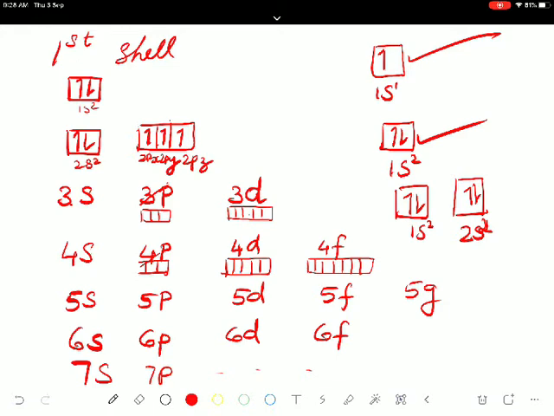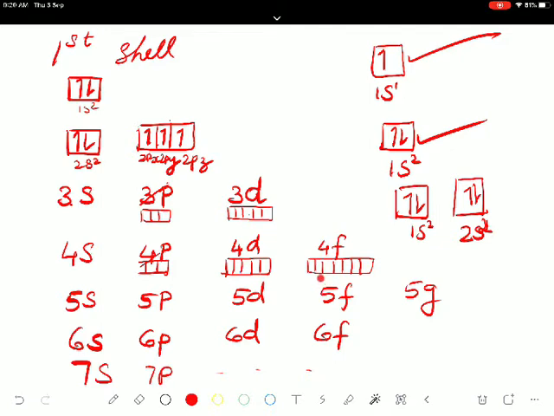Similar is the case here also. That is here only one electron goes to each and every orbital. After that only pairing starts. Here there is degeneracy.